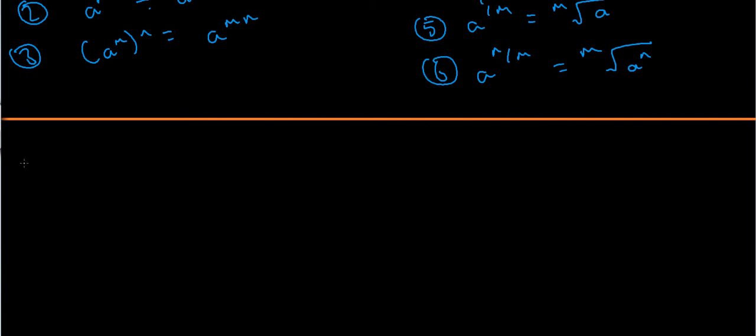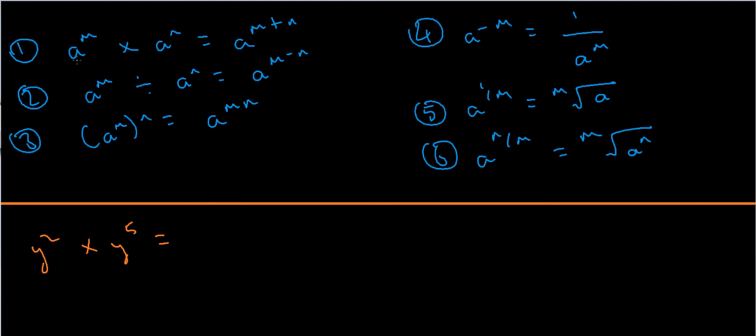Let's try something like y squared times y to the 5. Well, this is of the form number 1, where I've got a to the m times a to the n. And we saw that in this case we've got to add the powers. So y squared times y to the 5 is y to the 2 plus 5, adding the powers, which is y to the 7. So that's our first example.